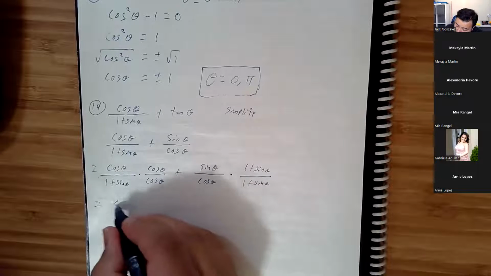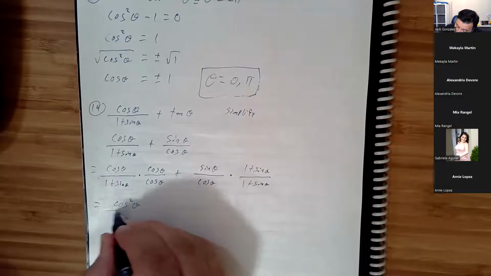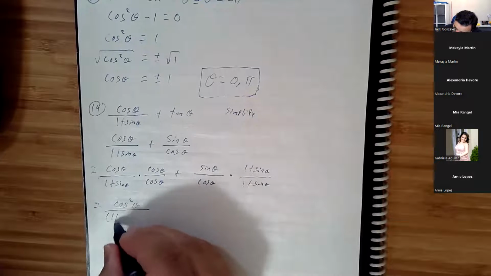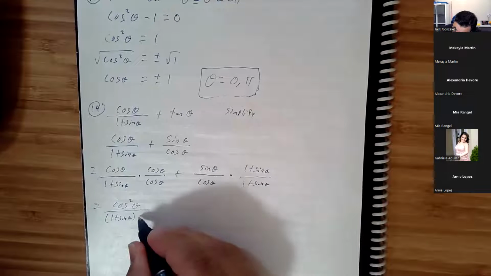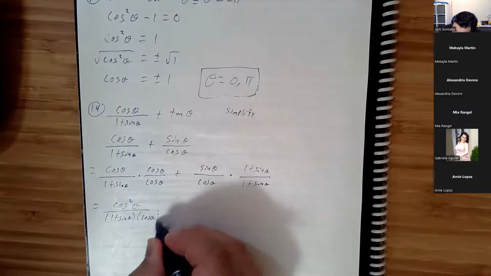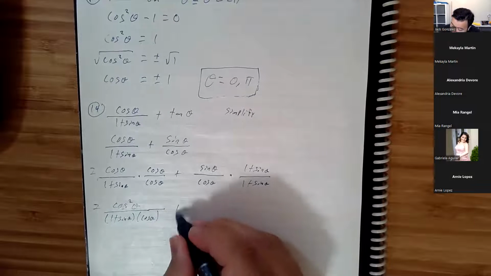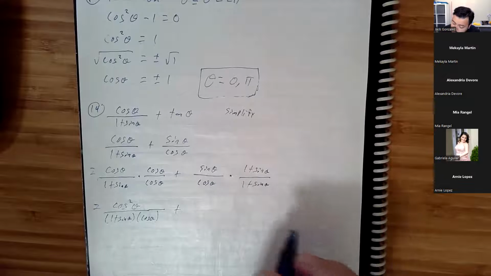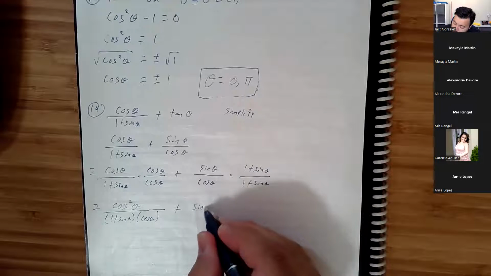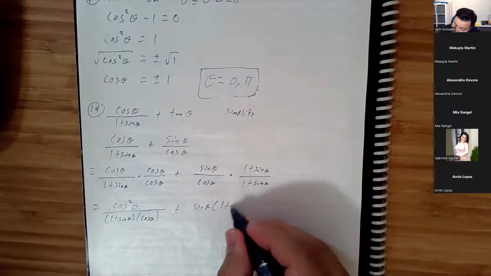The top will become cosine squared here over 1 plus sine cosine, plus sine theta times 1 plus sine.